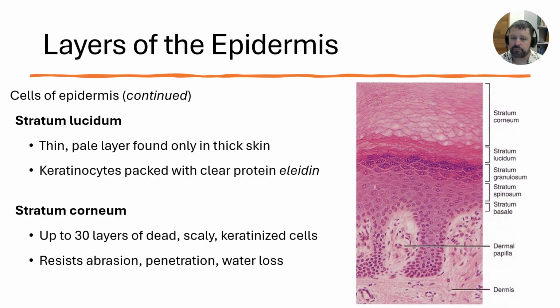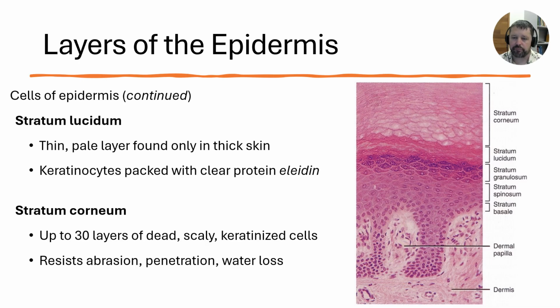They have a protein in them called eleidin. And so it's a little bit different structure. It's just a different kind of line of defense. And then you have the start of the living cells, granulosum, spinosum, and basale, and then down into the dermis.